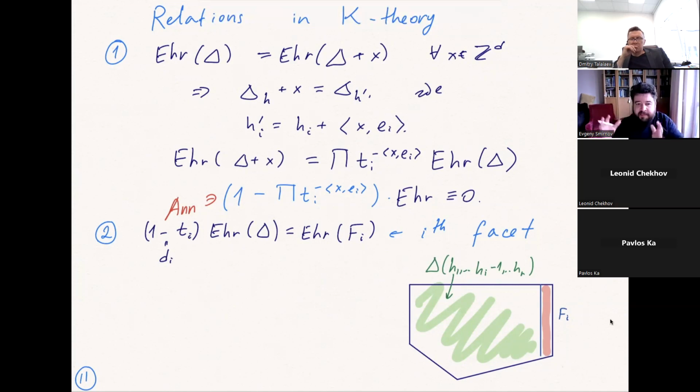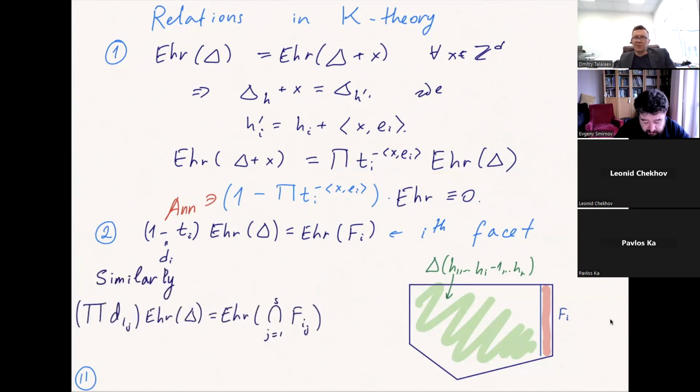So by parallel translation, I'll certainly preserve the number of points. And this means that the Ehrhart polynomial of delta plus x is the same as the Ehrhart polynomial of delta. So this element 1 minus the product of the corresponding shifts lies in the annihilator.